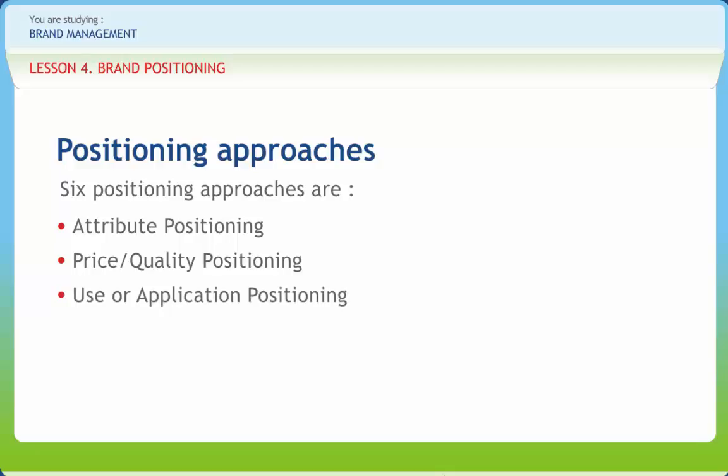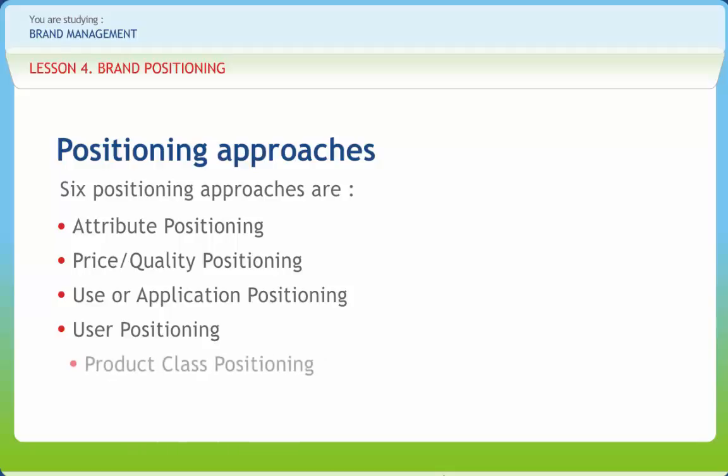Third is use or application positioning. Positioning by use involves building clear connections between the product or brand and its use. Fourth is user positioning. It involves developing connections between the brand and the user or user class. For instance, there is no ambiguity about the user of the Johnson & Johnson soap, body oil and talc.